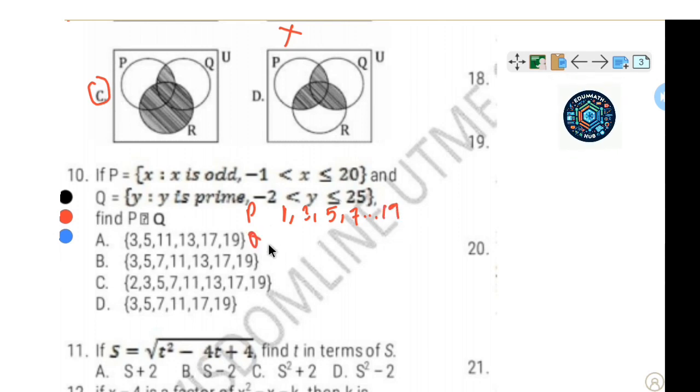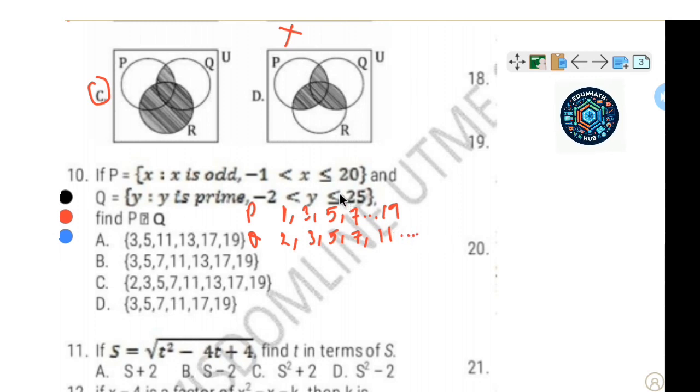Then for Q, we are told that y is prime, and y is greater than -2 but less than or equal to 25. So you need the prime numbers. The first prime number is 2. After 2, the next prime number is 3, then 5, followed by 7, then 11, and so on.